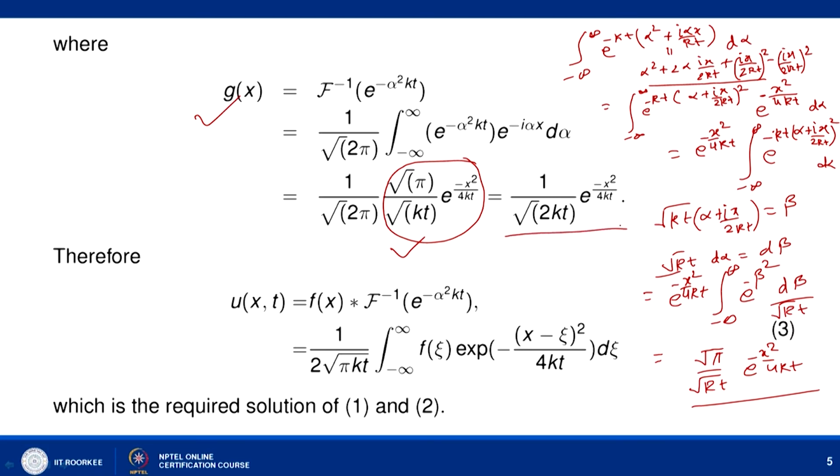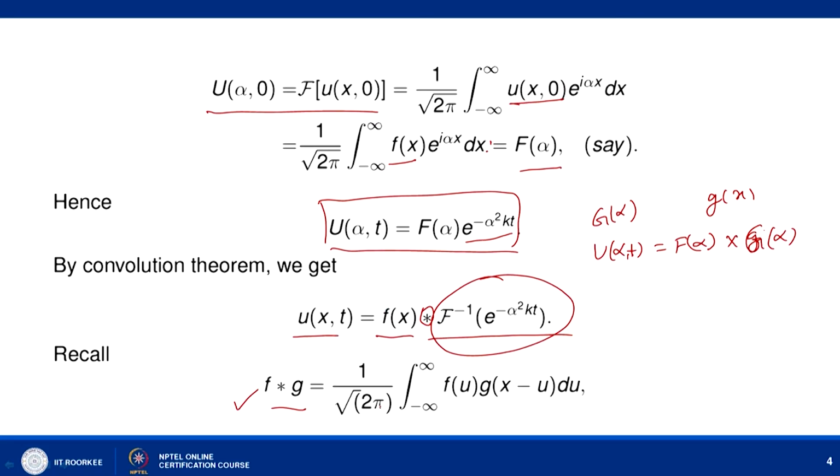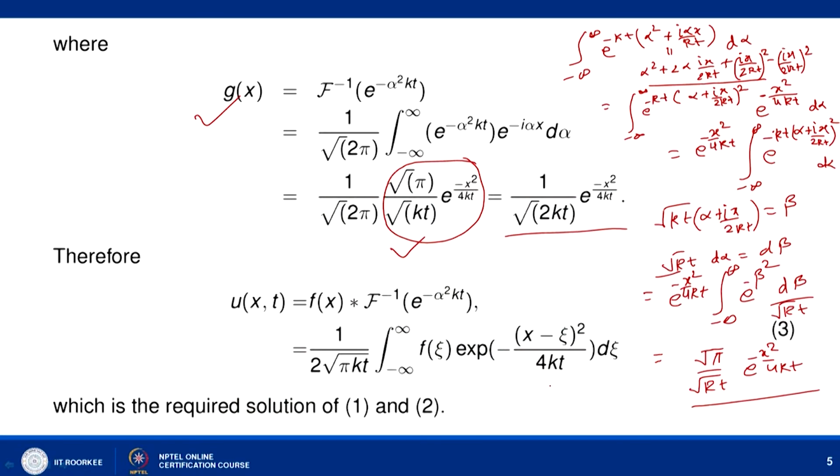Now, our solution is what? F convolution g of x. Using the formula, f convolution g is given as 1 upon root 2 pi integral from minus infinity to infinity f of u g of x minus u d u. So, here we can write this as 1 upon root 2 pi, and here we have 1 upon root 2 kt.